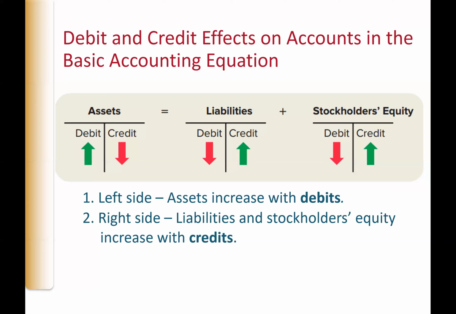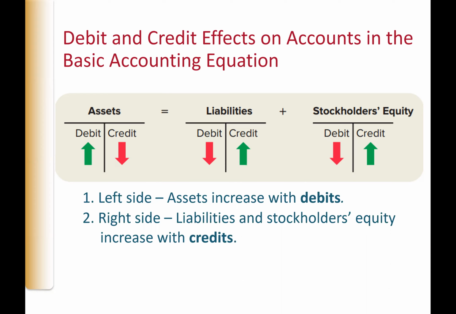So to increase a liability or a stockholder's equity, we're always going to credit them. To increase an asset, we debit it because it's on the left side and debit means left. To increase a liability and stockholders' equity, we credit them because credit just means right.